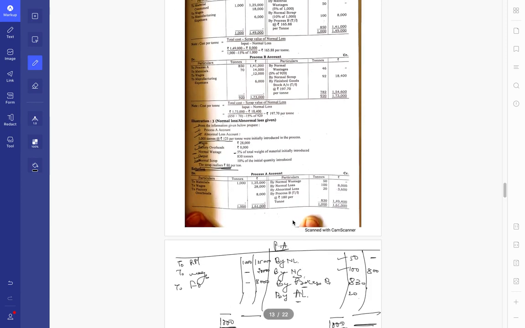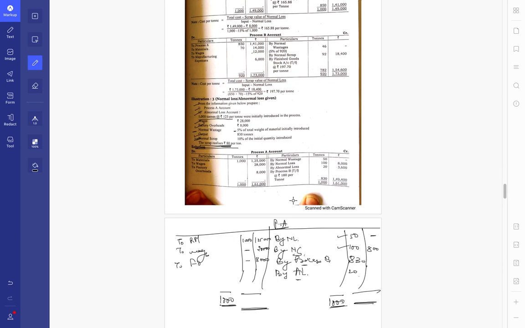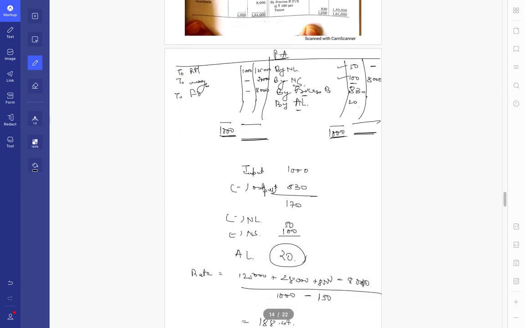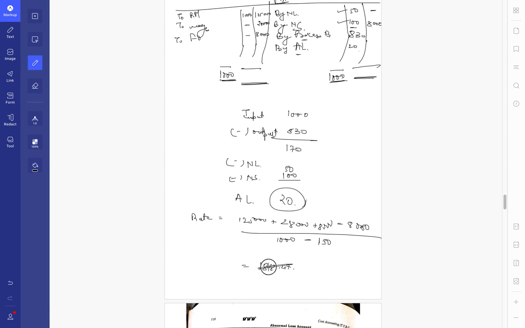Sorry, I made a mistake over here. We have 100 units at 80 per ton. That would give us 8,000. Subtracting 8,000, our rate would now come out to be slightly different. 125 plus 28,000 divided by 850 would give us a rate of 180 per unit.